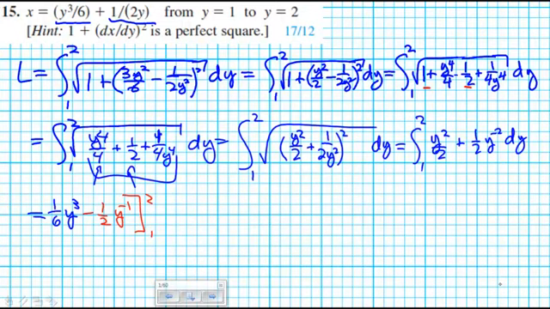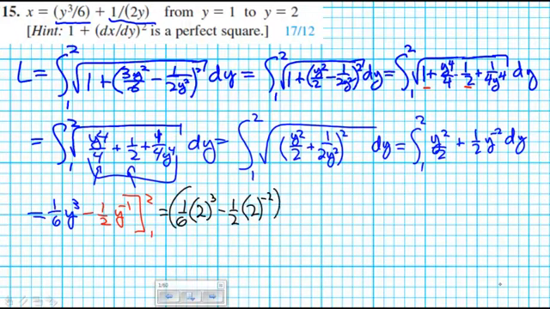I add 1 to negative 2. The reciprocal of -1 is -1. I think that's good. All right, and let's plug and chug. 1/6 times 2 cubed minus 1/2 times 2 to the -1, not to the -2.